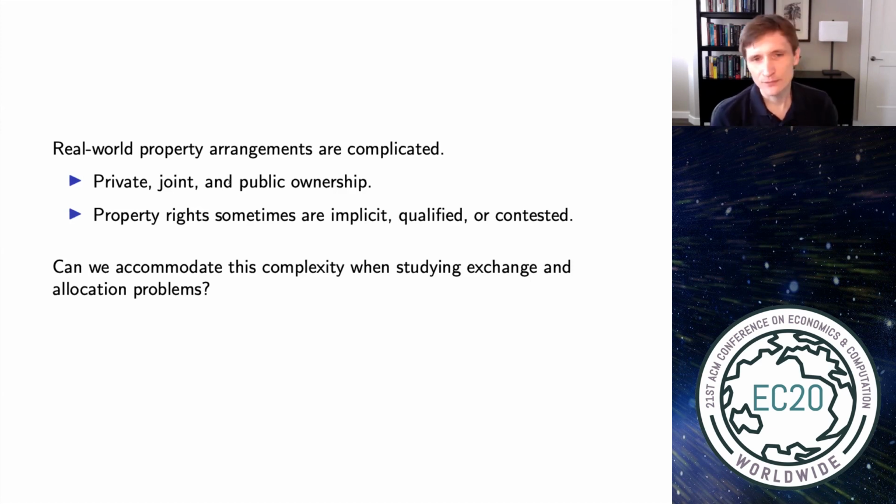For example, suppose you own a condo, you might not be able to sell that house unless all the other people in your building agree. So there are all these qualifications as to how people can trade and use property. And so we try to answer the question: how can we accommodate this complexity when studying exchange and allocation problems?